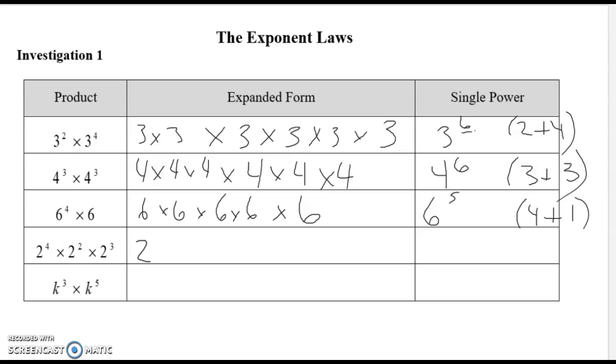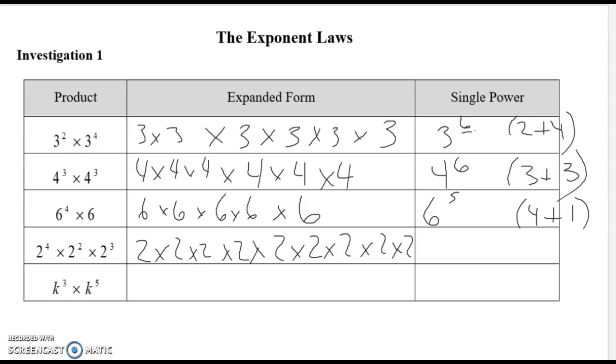Next one, 2 times 2 times 2 times 2. So that was 2 to the 4. And then we have to multiply by 2 to the 2, so 2 more: 1, 2. And then we have to multiply it by 3 more, so times 1, 2, 3.